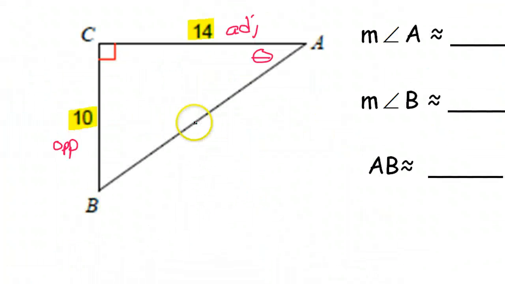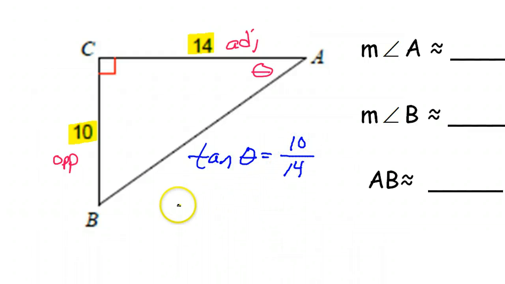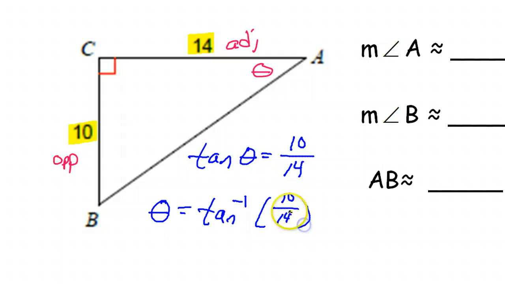So let's rock the tangent. The tangent of theta is equal to opposite over adjacent, so 10 over 14. If you want the angle, you need the inverse trig function. So I will do the inverse tangent of 10 over 14.